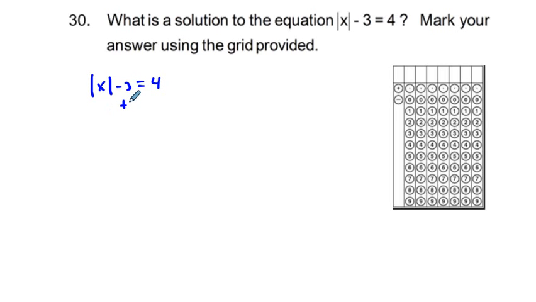If we add 3 to both sides of the equation, we're going to get absolute value of x is equal to 7, which manifests itself as x equals 7 or x equals -7. So either 7 or -7 would be a correct answer to this. I'll just put 7, or you could put -7 too.